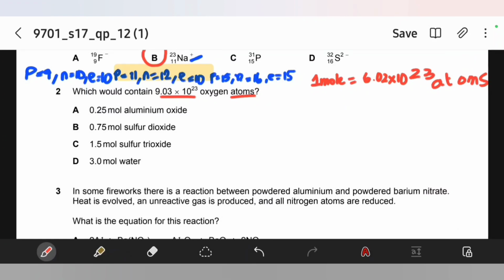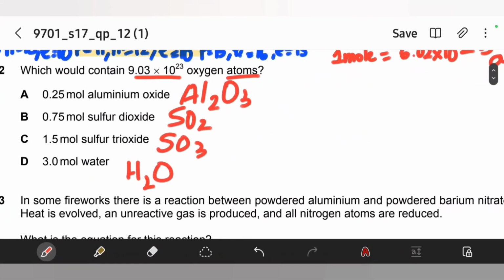For all of these options, let's first write down their formulae. So for aluminum oxide, it's Al2O3. For sulfur dioxide, SO2. For sulfur trioxide, SO3. And water is H2O.